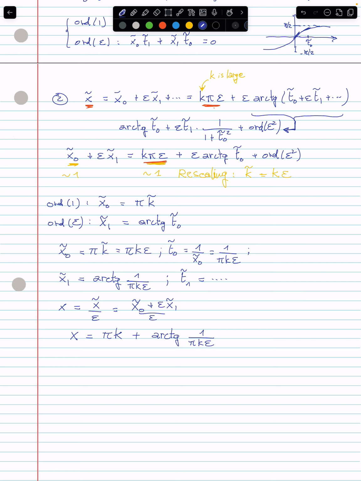Additionally to this, we have terms of order epsilon squared divided by epsilon, so terms of order epsilon.